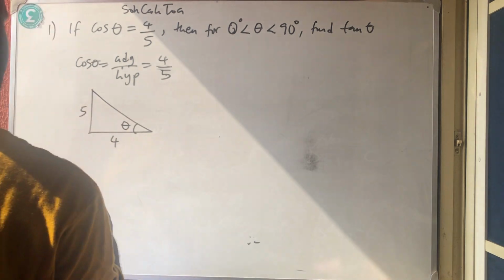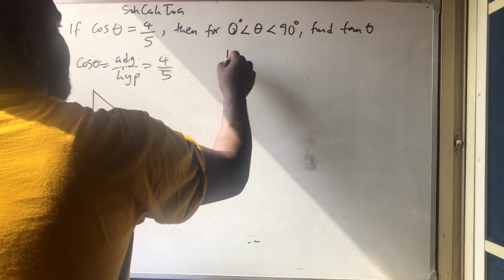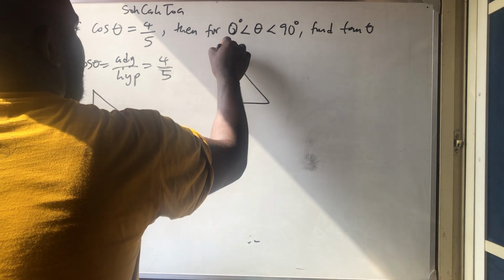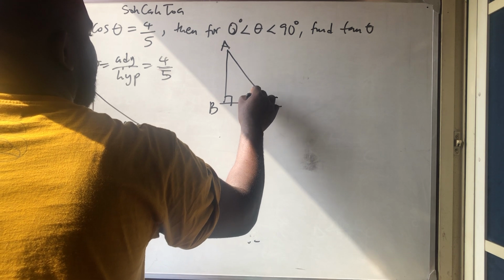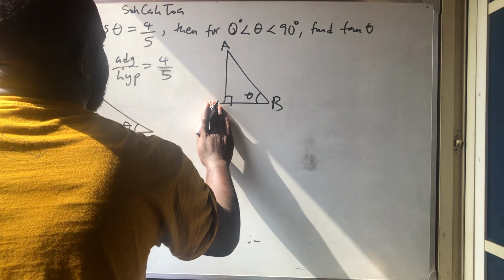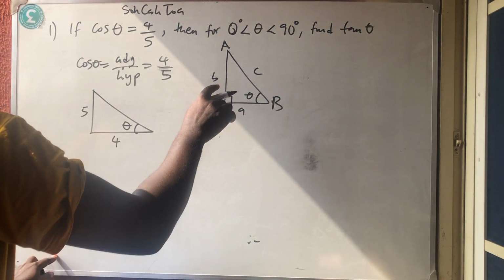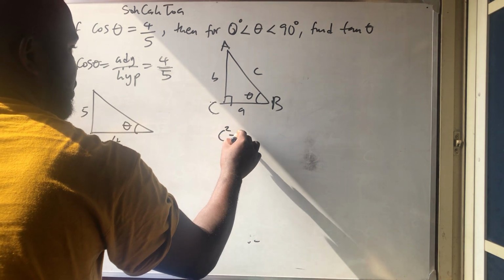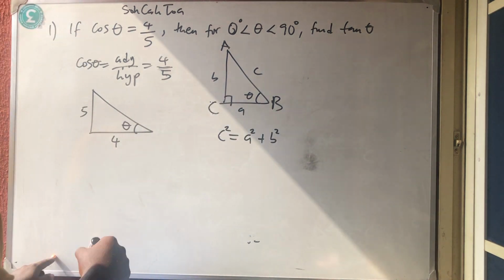Pythagoras theorem said that if you have this triangle, for instance, with A, B, C, and 90 degrees, and theta, the hypotenuse squared is equal to the sum of the squares of these two sides. So that is Pythagoras theorem.